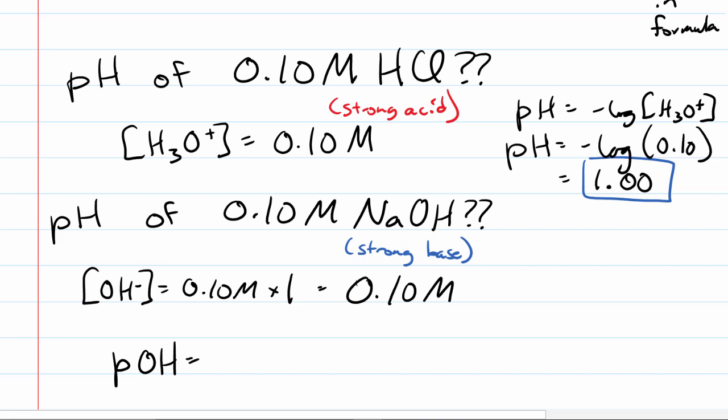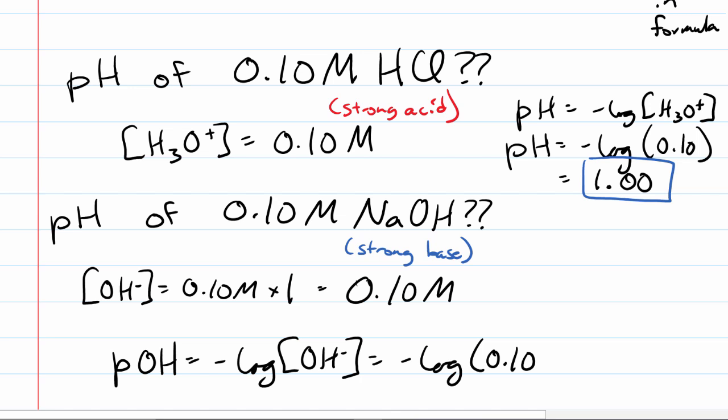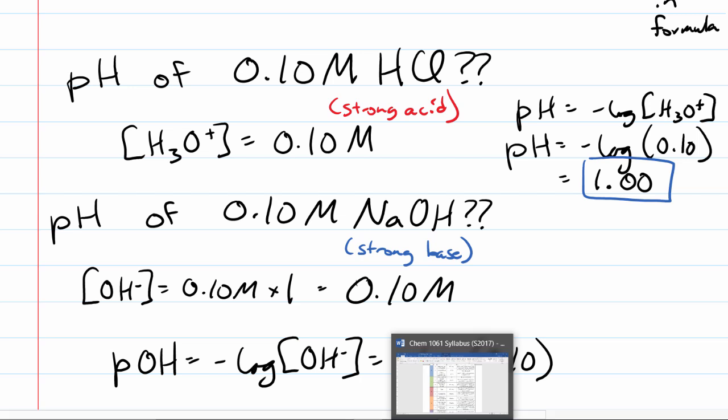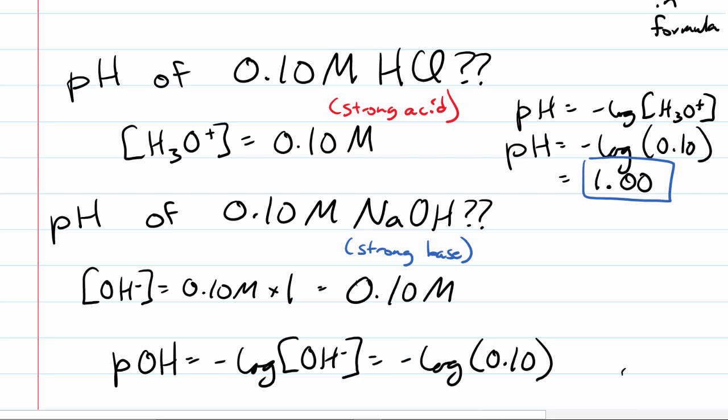So we find the pOH in this case by taking the negative logarithm of the hydroxide ion concentration, which means we are going to take the negative logarithm of 0.10. Now, we already calculated what the negative logarithm of 0.10 is up above.